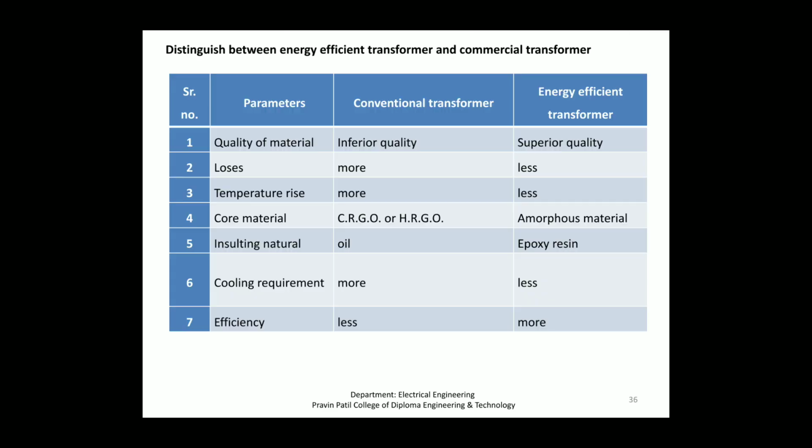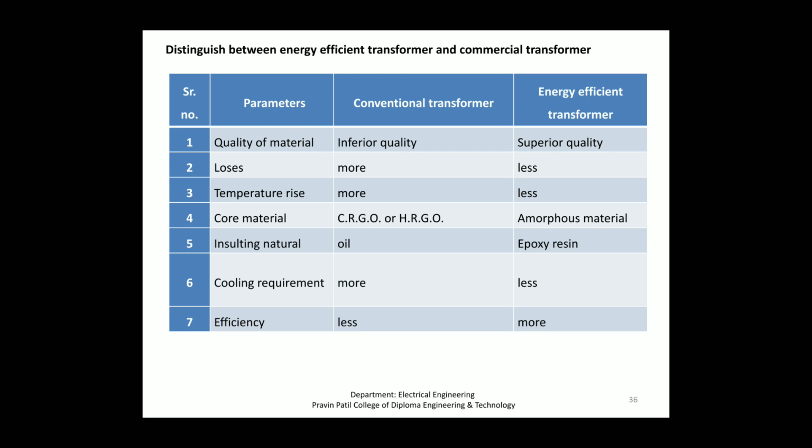Next, the difference between the energy efficient transformer and the commercial, meaning conventional, transformer. The first one, the quality of material. In a conventional transformer, it is of inferior quality, but in an energy efficient transformer, it is of superior quality.